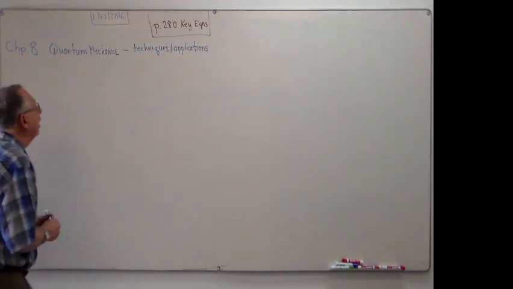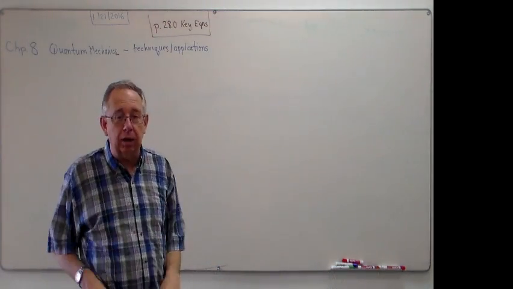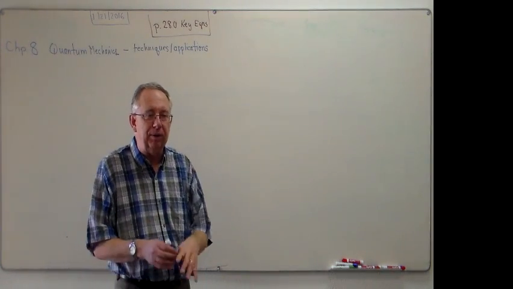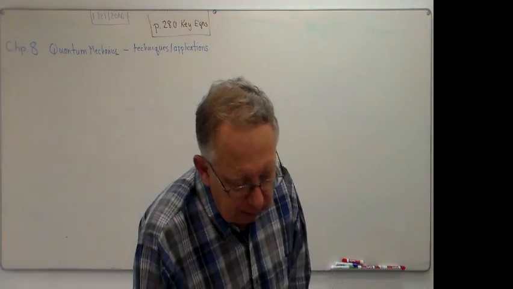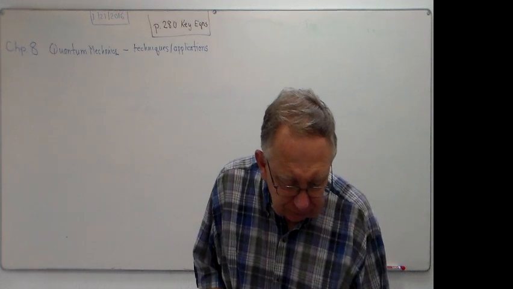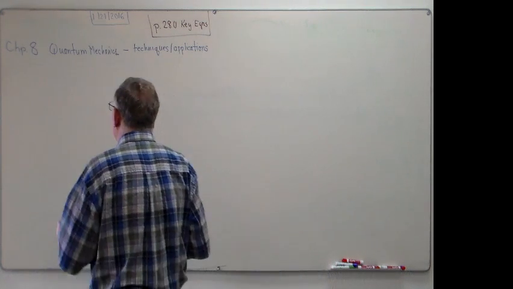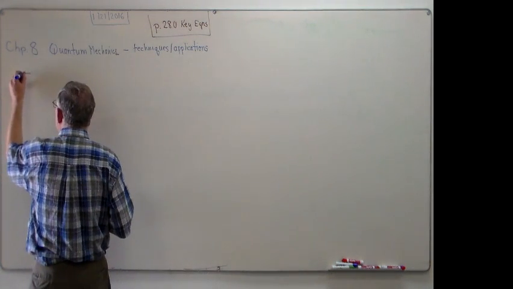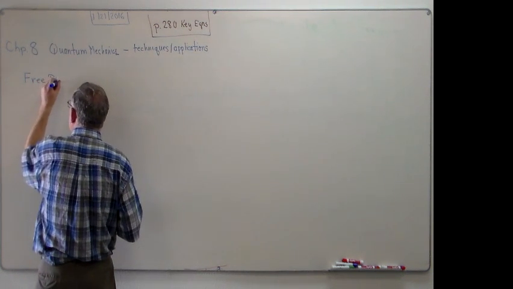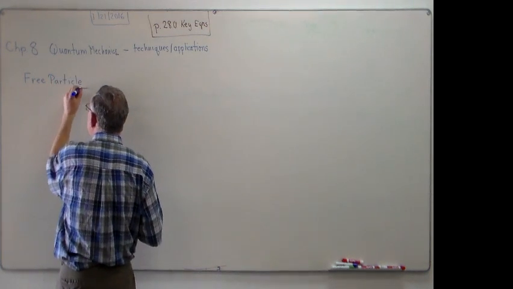Techniques and applications. We laid the whole theoretical groundwork; actually, our book does a very good job of that in chapter 7. Now we're going to go to specific systems and look at examples of what's going on. We want to look at 2 example systems as we begin this chapter.